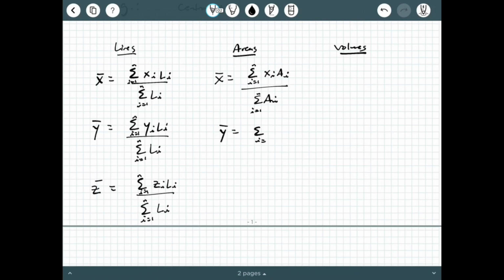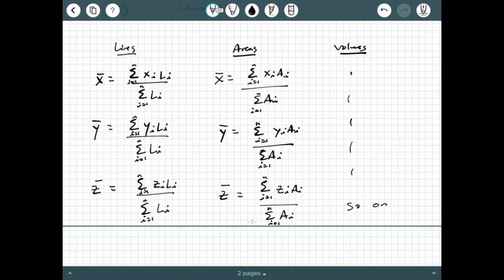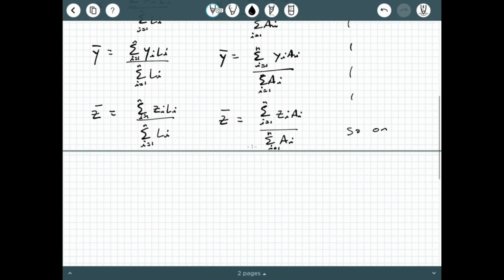And then y bar is summation i goes from 1 to n of y sub i A sub i divided by summation of A sub i, i goes from 1 to n. And then z bar equals summation i goes from 1 to n of z sub i A sub i divided by summation A sub i. I'm not going to write all of these out, I'm just going to say and so on.